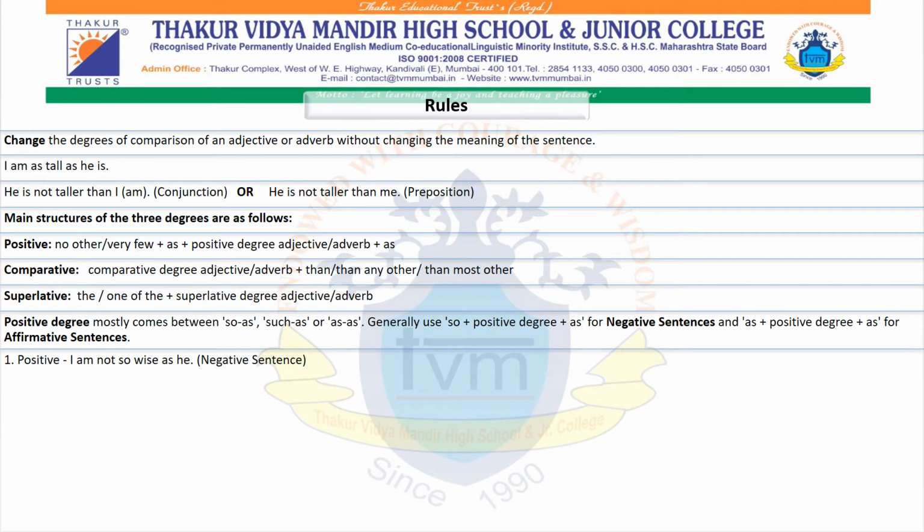Example, positive, I am not so wise as he, or as he is. So it is a positive sentence. Comparative, he is wiser than I.